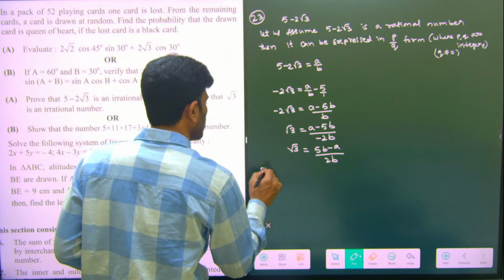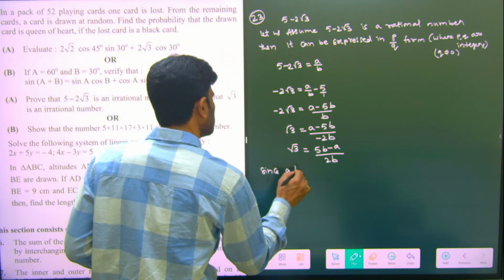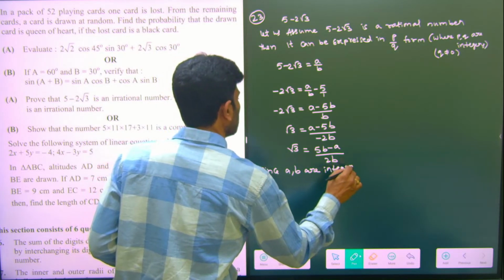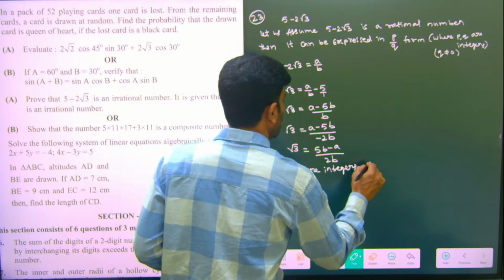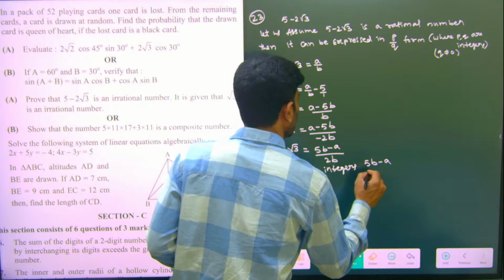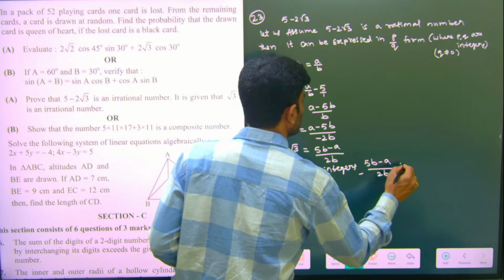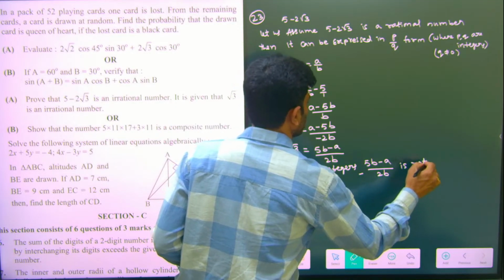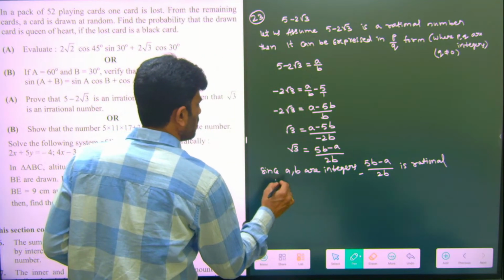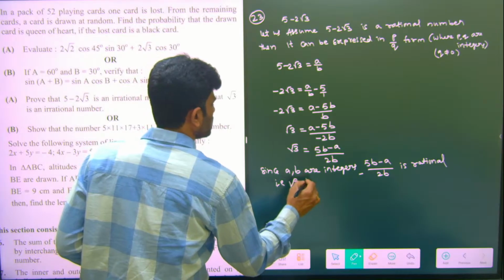Now we write conclusion like this. Since A comma B are integers, 5B minus A by 2B is rational. That means root 3 is rational.